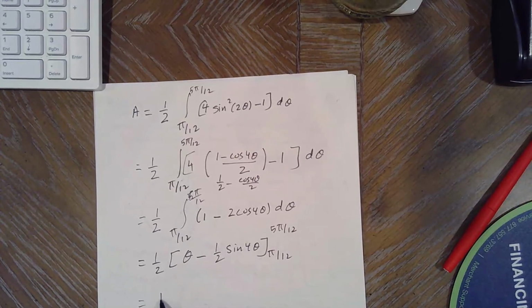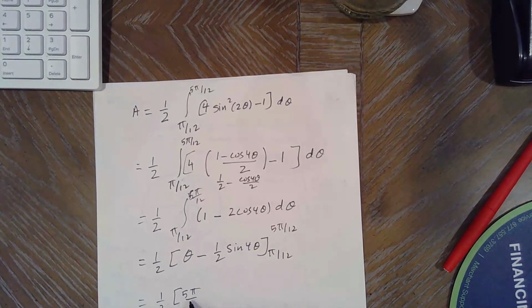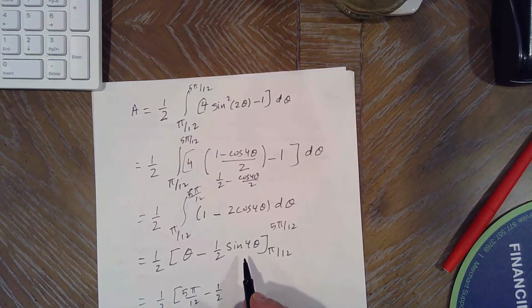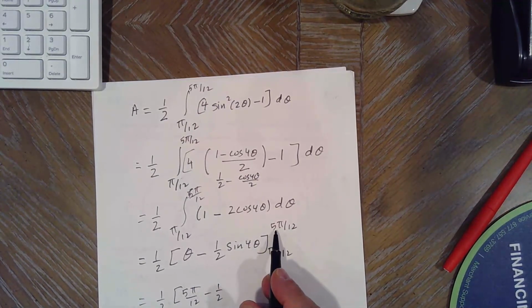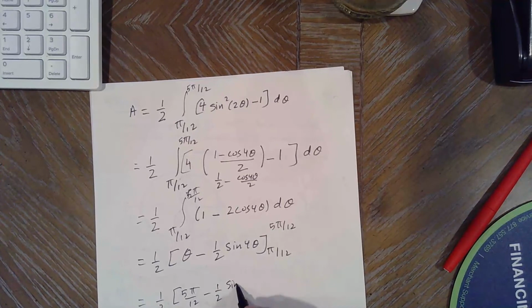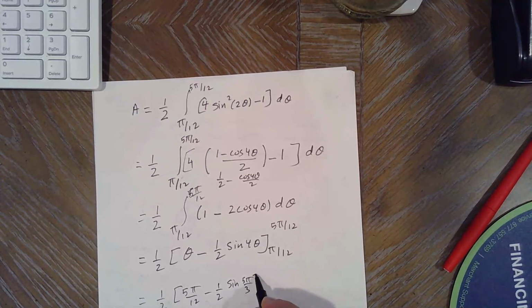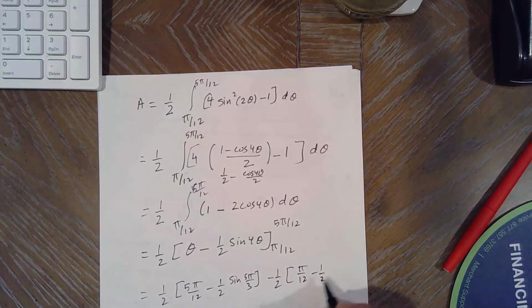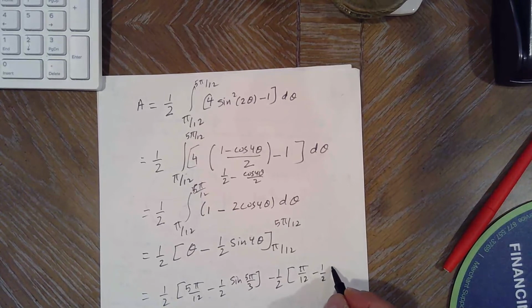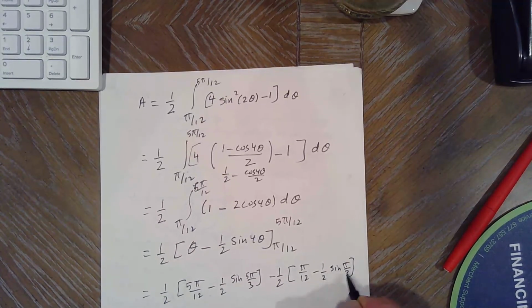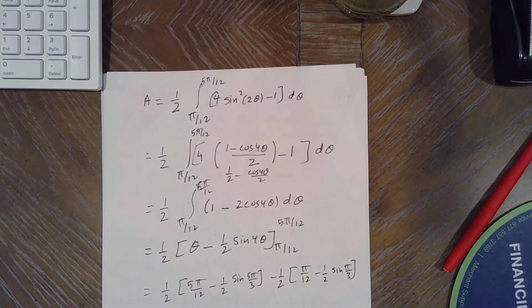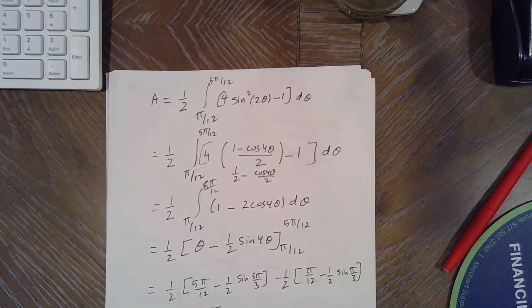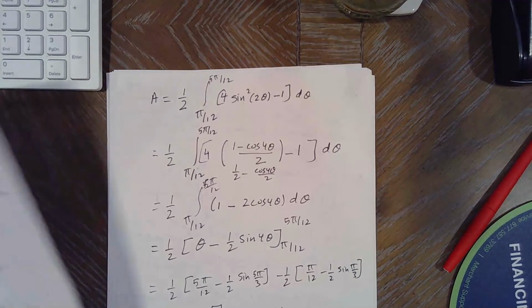If you plug that in, it's 5 pi over 12 minus 1/2 sine 5 pi over 3, right? 4 times 5 pi over 12 is 5 pi over 3, minus pi over 12 minus 1/2 sine of pi over 3, since 4 pi over 12 is pi over 3. And you end up with pi over 6 plus root 3 over 4, which is roughly 0.96 square units.